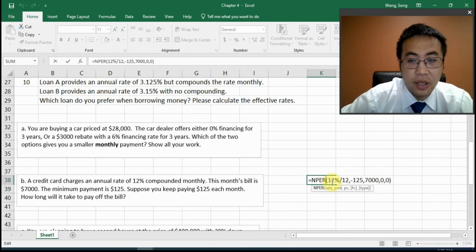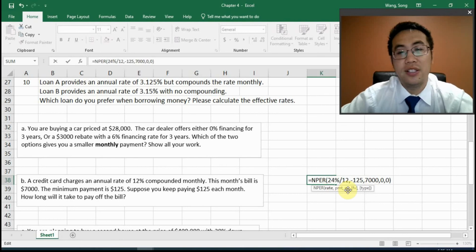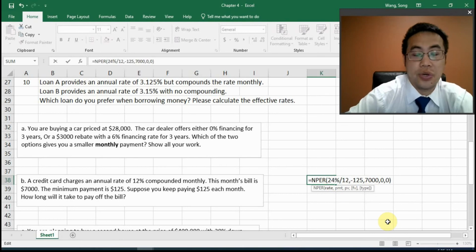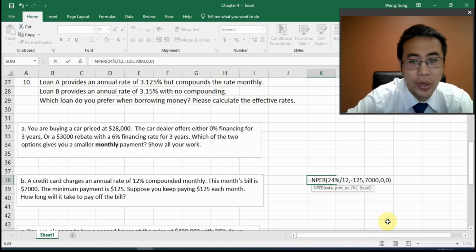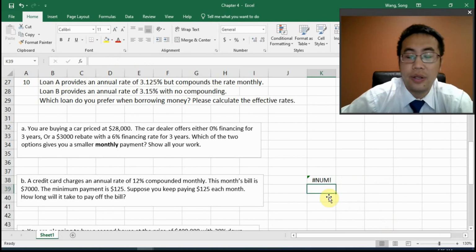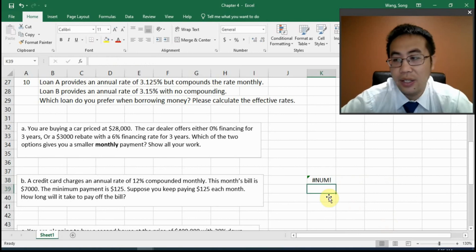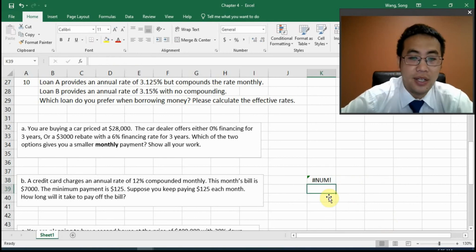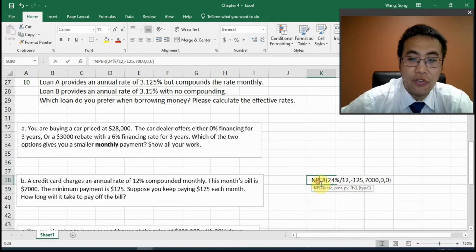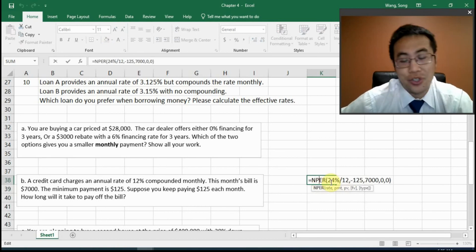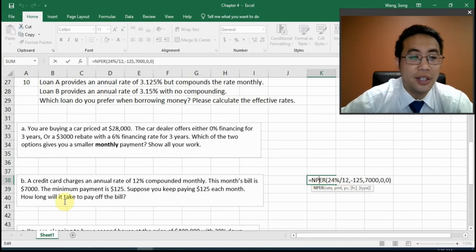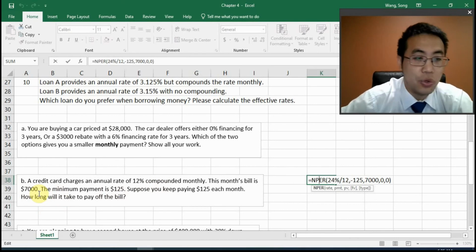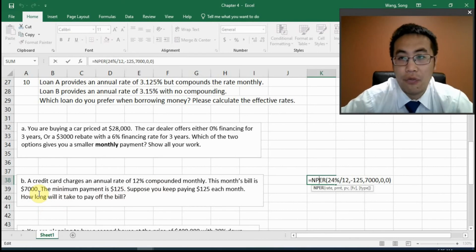And also, if I have a 24% interest rate instead of 12% interest rate per year, then what would happen? Excel would give me an error because if the interest rate is at 24%, that's too high. And the $7,000 times monthly interest, which is 2%, would be $140.